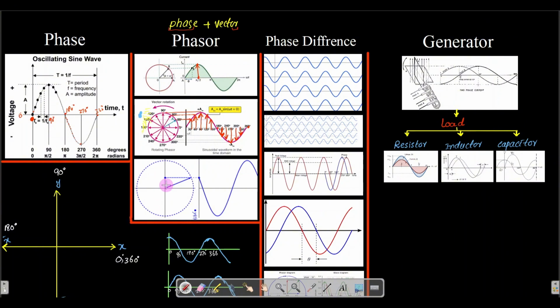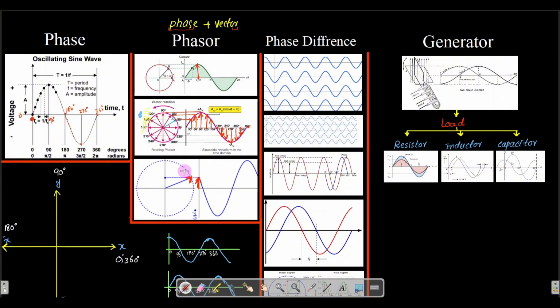Okay, so here we have that same scenario. We have this vector, and here the amplitude of this vector is equal to the amplitude of this wave, and for each position, now this is the position, here it will make the shadow and this will be the amplitude.